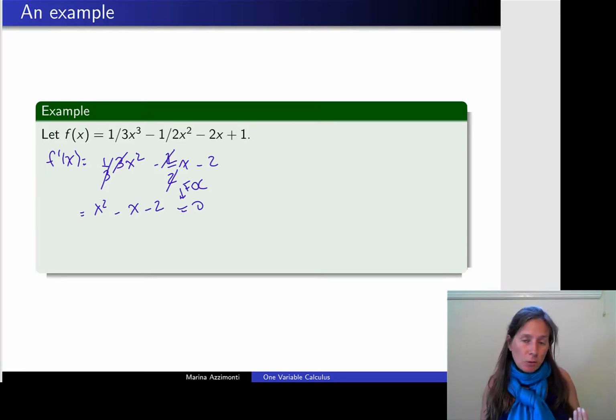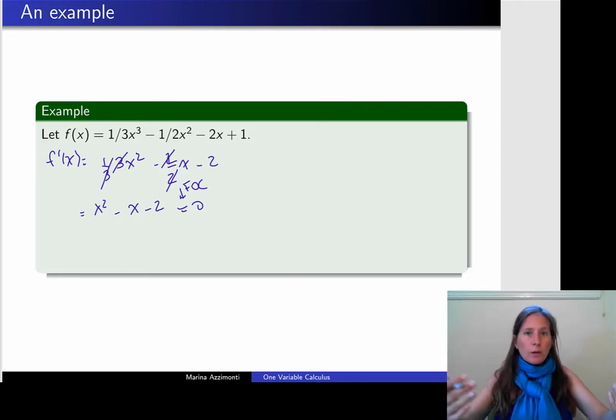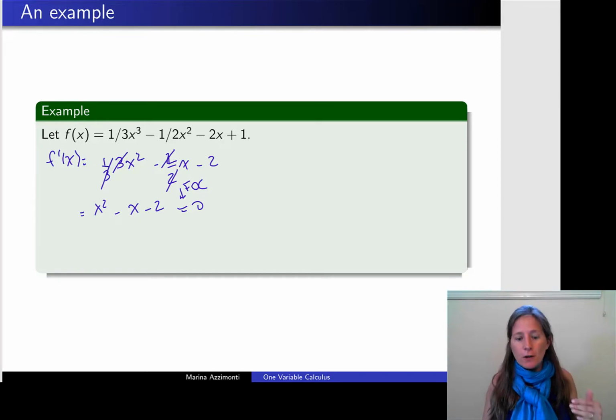Now notice that this is a quadratic function. In the previous module, we talked about when you have a quadratic function and you're trying to find the roots of the function, sometimes there are 0, 1, or 2 roots. We've talked about the formula for finding a root.